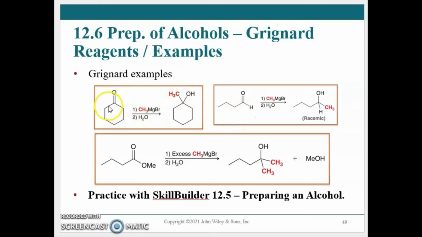So that's a reaction with a ketone. In this case, we have reaction with an aldehyde, again using methyl magnesium bromide, and we form the alcohol and we have a new carbon-carbon bond.